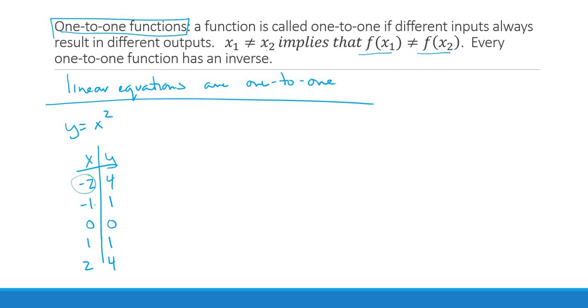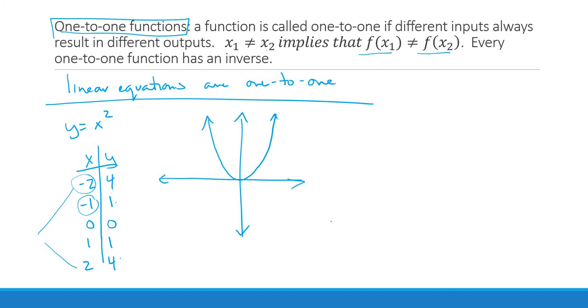So when I have two different x's, I sometimes get two different y's, but if I change the sign, they get the same y. Now this is a function. It's a quadratic function. It looks like this. It does pass the vertical line test for functions, but it does not have an inverse.